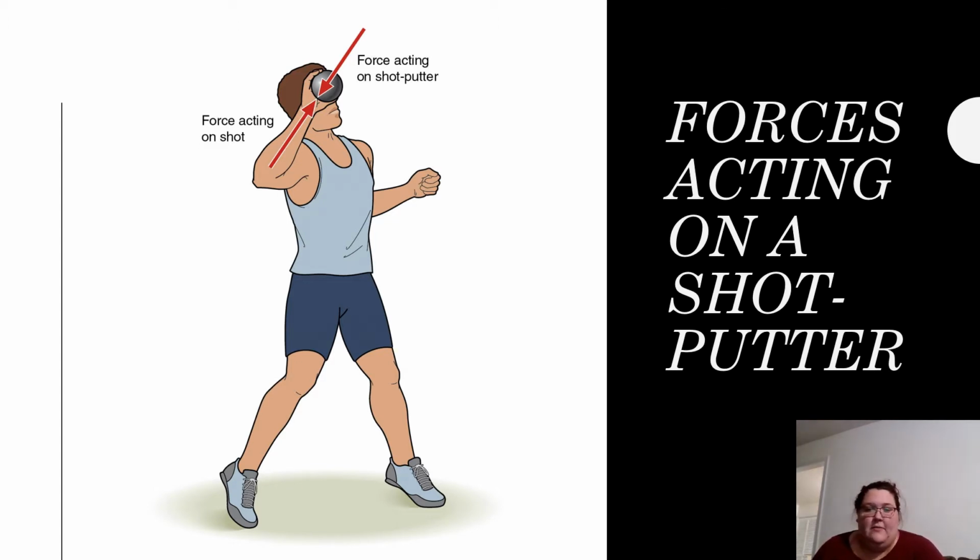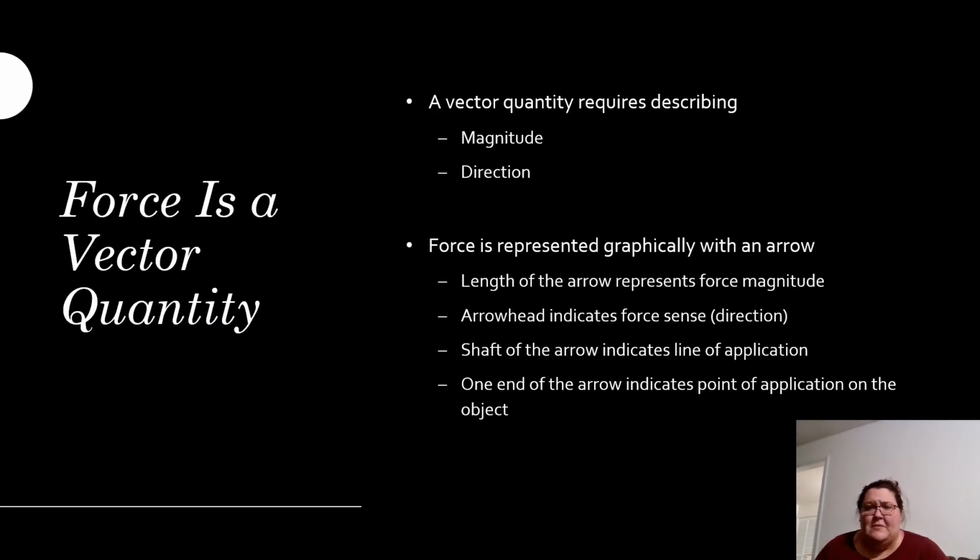We can also talk about a few other types of forces, for example, the force that he is putting into the ground and then the ground is putting back up into him. We could talk about the force that's occurring at the other arm, which is going to cause a rotational motion because the forces are imbalanced. Lots of different things to consider, but in the simplest form, you would just talk about the shot put on the shot putter and the shot putter onto the shot put. Say that 5 times fast.